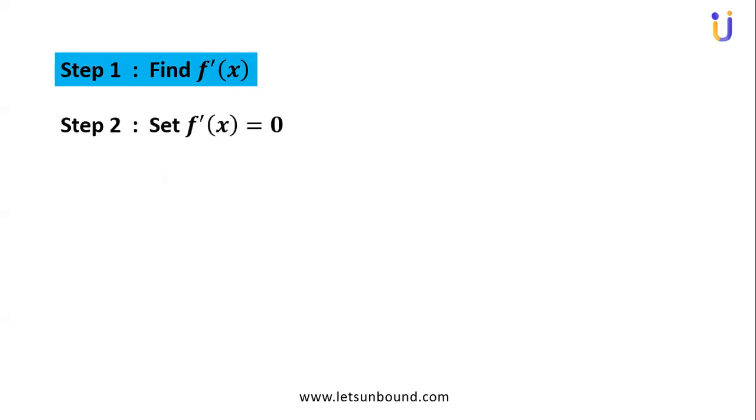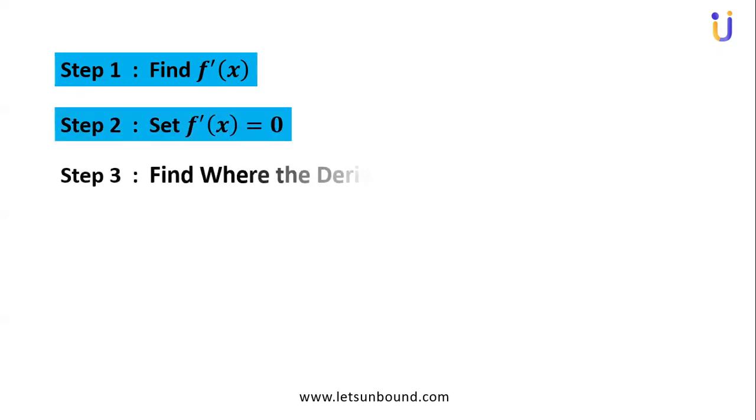So step 1, you have to find f'(x). Again, f'(x) plays an important role in finding critical points, extrema, and also in the increasing and decreasing behavior. Then set f'(x) equal to 0. When you equate this, you get your critical points. After finding the critical points, find where the derivative does not exist. If your derivative does not exist, we have to include that also in our critical points.